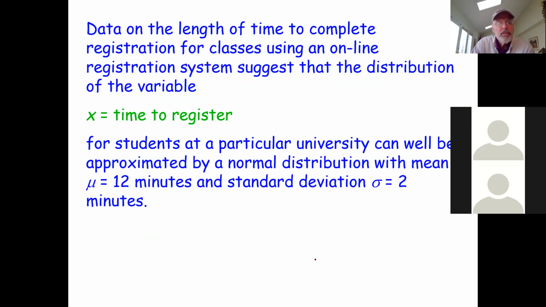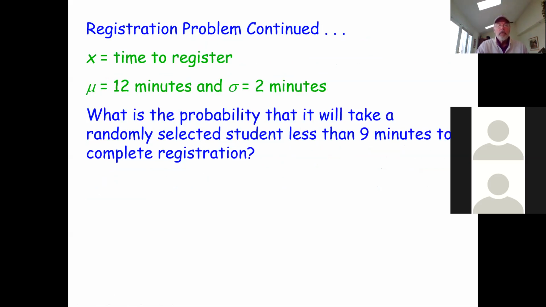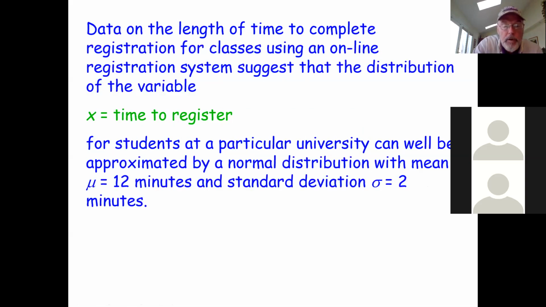All right, so let's take this example pretty quick. What we're thinking about is registration. We think that the mean of the population is 12 minutes during registration with a standard deviation of sigma equals 2 minutes.